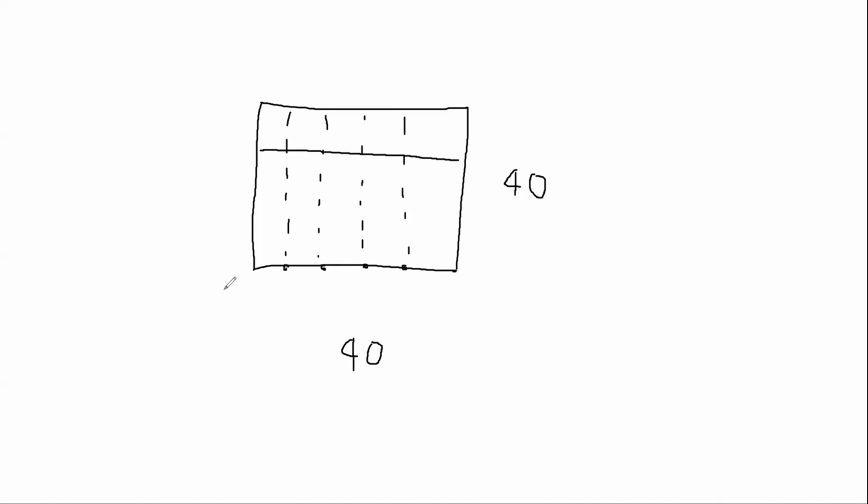Now, if we wanted to, we could have a moment frame at each end of our building. So here are the columns, and here is a beam. And at the other end of our building, we could have another moment frame. Excuse my terrible drawing.